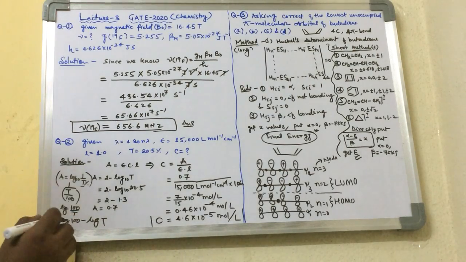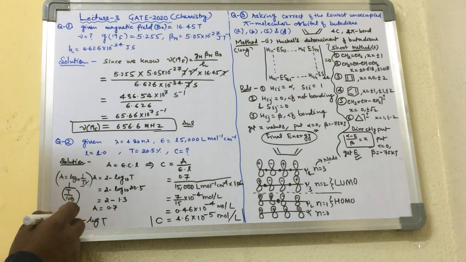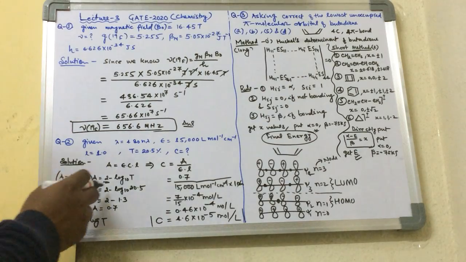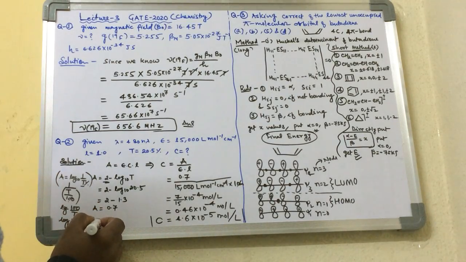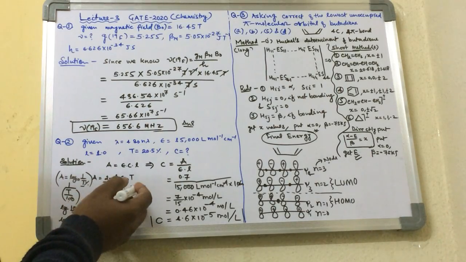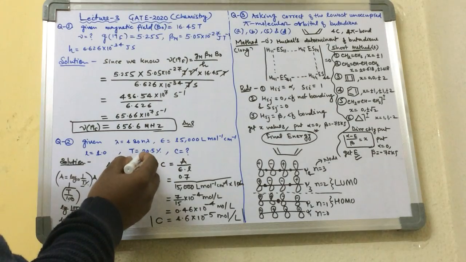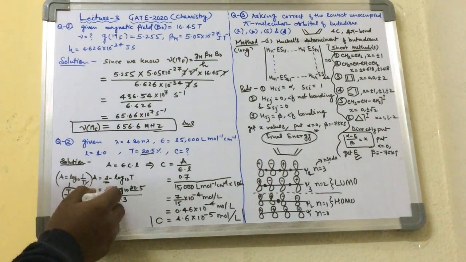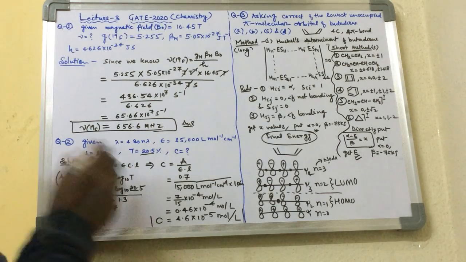So you can also simplify: log 100 is equal to 10 to the power 2, log base 10 of 10 is equal to 1. So that's why here we wrote 2 directly. So 2 minus log base 10 of T. Because here the percentage is given and I have already applied the 100, that's why we directly put 20.5.